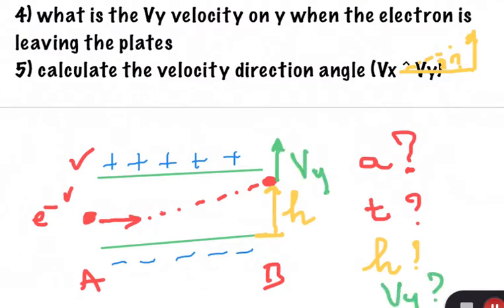The very last question is what is the velocity direction angle when you combine the Vx and the Vy. If I draw a big rectangle here, this is the initial velocity, and this is the Vy in this direction.